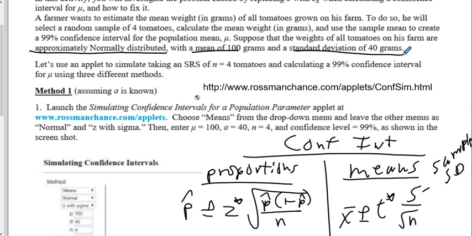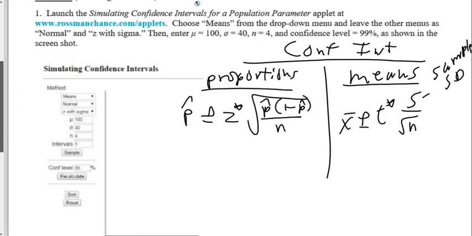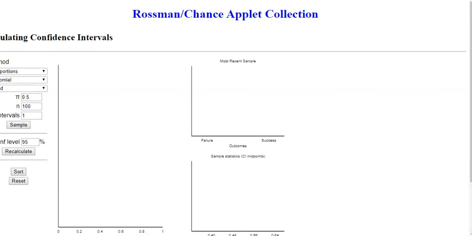Okay? So we're going to use this applet. Now you don't have to mess with this. I'm just going to model it for you and show you how this works. So bring this up and play with the numbers. Now, we've been dealing with proportions. We're going to change this to means. And we're going to keep it with the sigma for right now. This needs to be 100, because that was the mean.